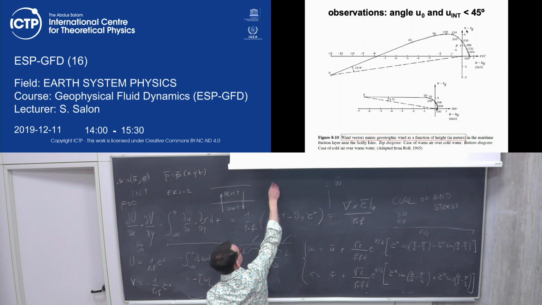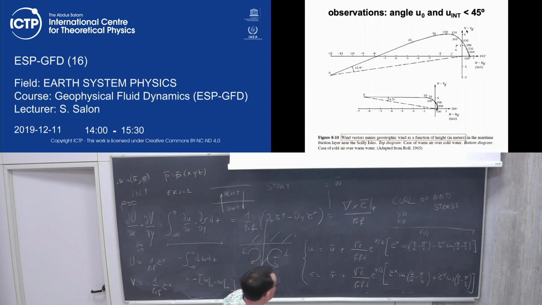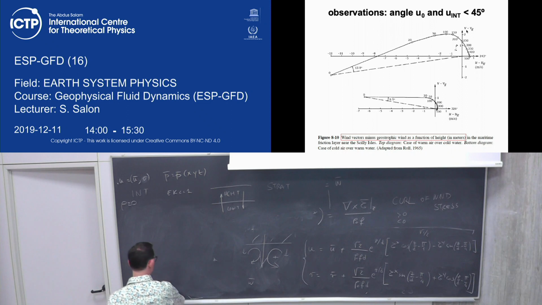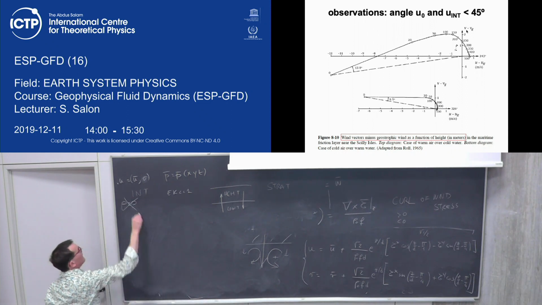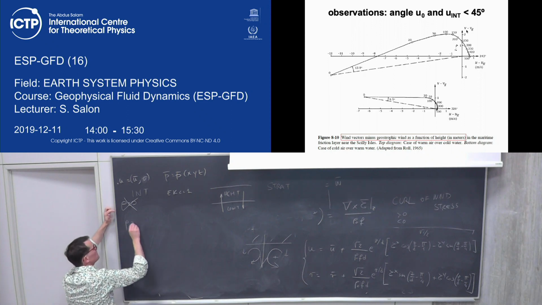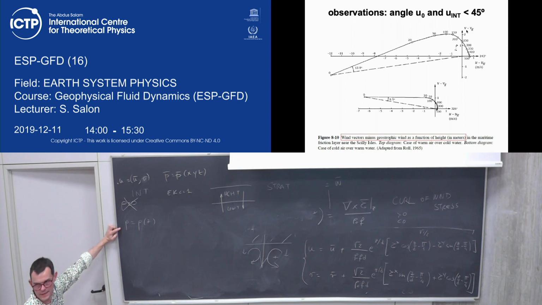We have stratification. And stratification means that we can no longer hold to the approximation of homogeneous flow, but the density is a function of depth.